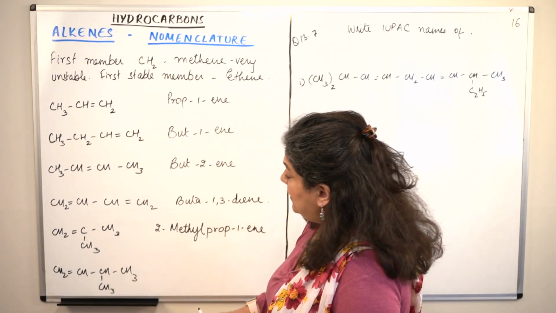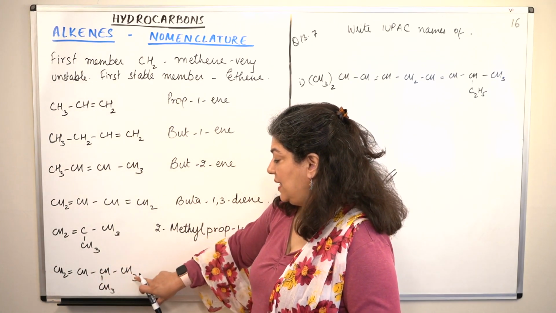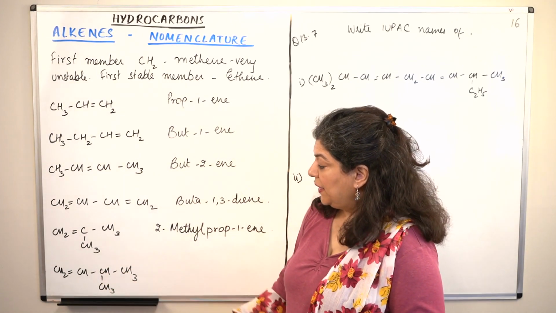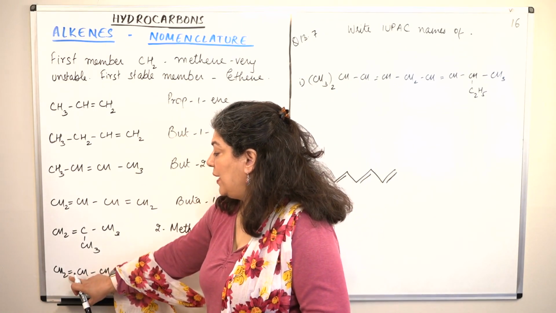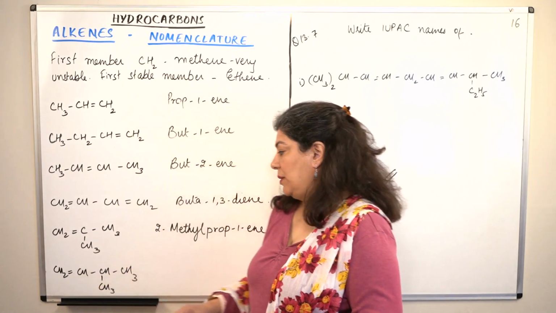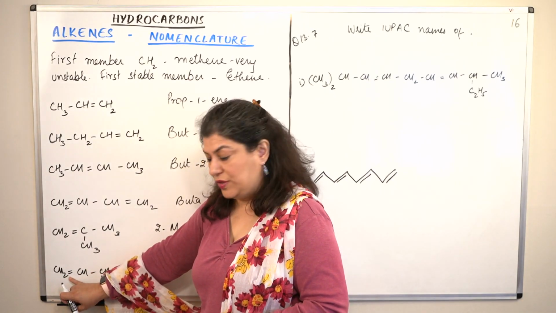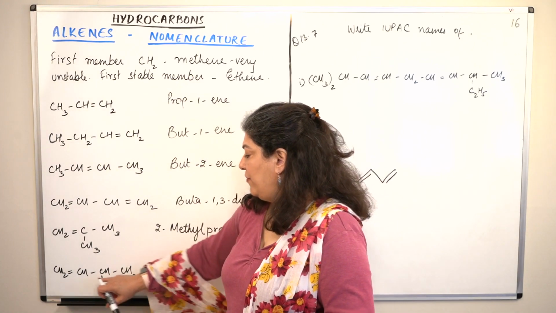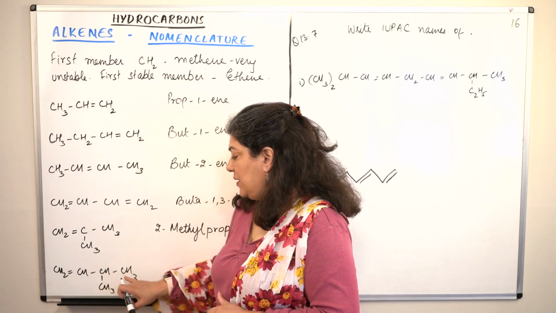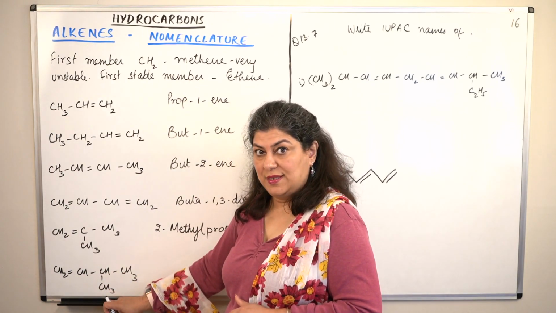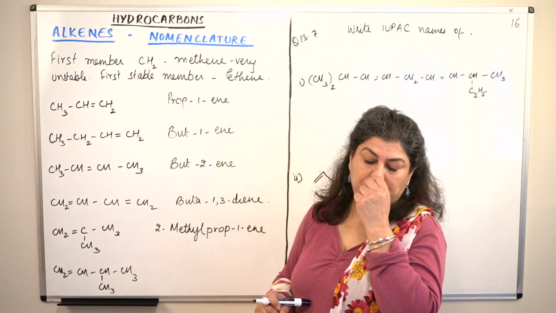Now the next one, take a look here. CH2 double bond CH, CH, CH3, and there's a branch here. So there's a branch on this carbon, and you have the ene on the first carbon. If I count from this direction, the ene is on the first carbon and the methyl is on the third, so 1 and 3 are the locants. But if I count from the other direction, the methyl group is on the second carbon, and the ene is on the third carbon.